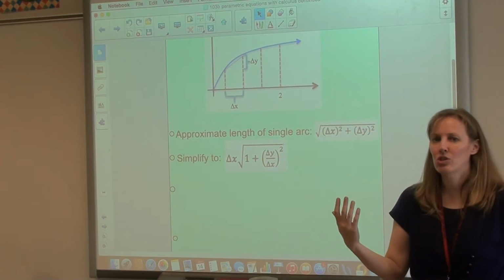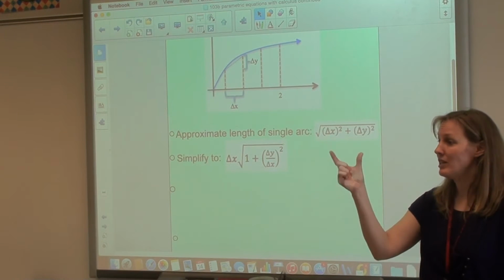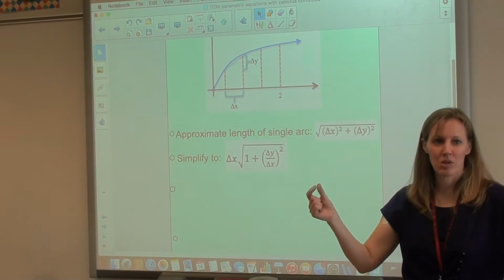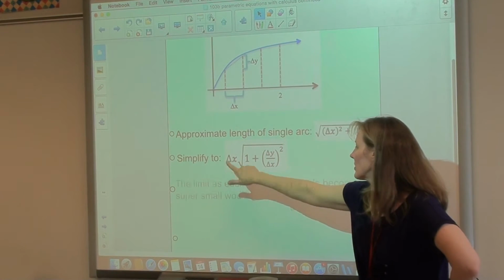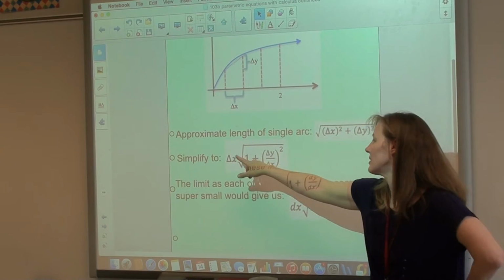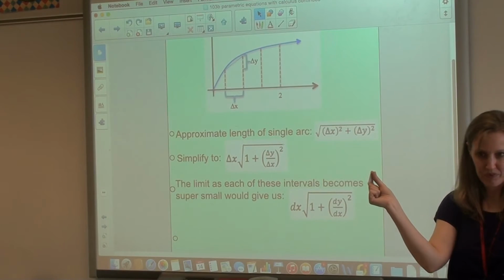If we want to take this from approximate to exact, then we need that width to approach 0. What makes the width approach 0? That's where your d comes in. So dx is the same as delta x, except it's the limit as delta x approaches 0.